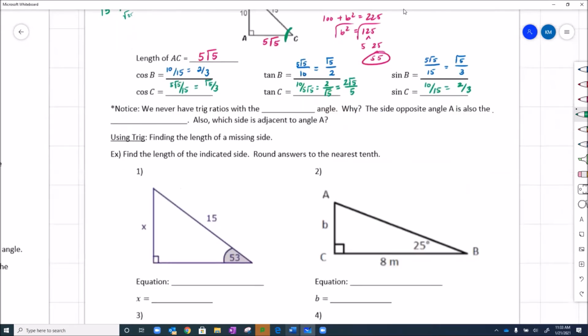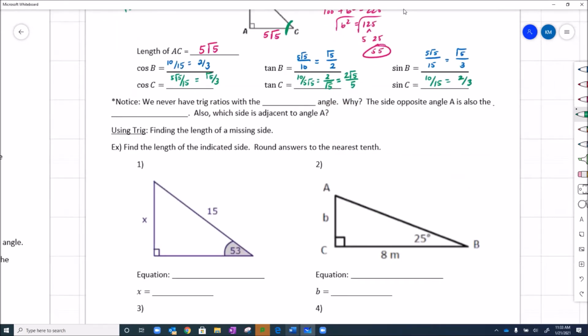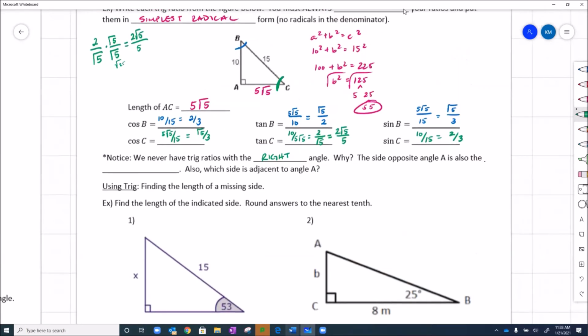Okay, we never have trig ratios with the right angle. Just going to point that out, you'll notice we looked from angles B and C, the two acute angles. We don't look from the right angle, and the reason is that the side opposite angle A is also the hypotenuse.